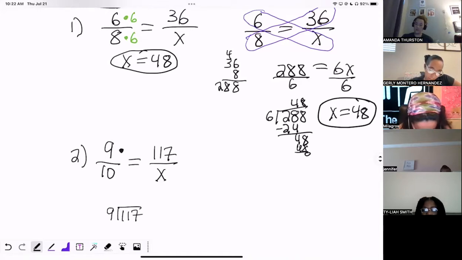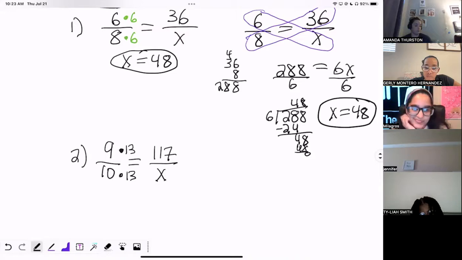We can do it. 1, 9, 27, 3. It is, it's times 13. I take that back, I'm wrong. Okay, so that means I can multiply the denominator by 13, and if I get that, that means x is 13 times 10, which is 130.